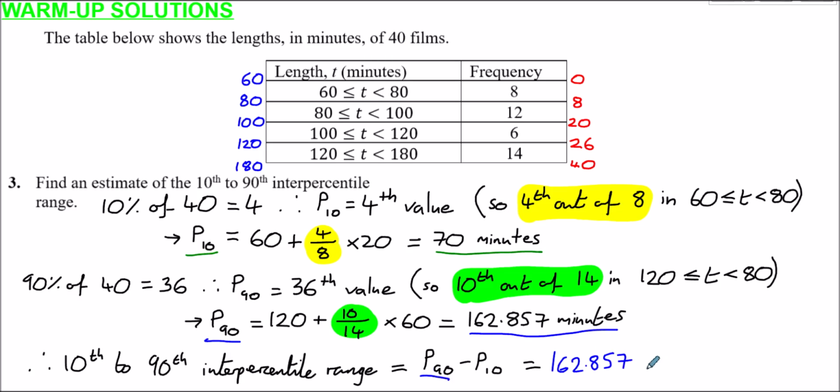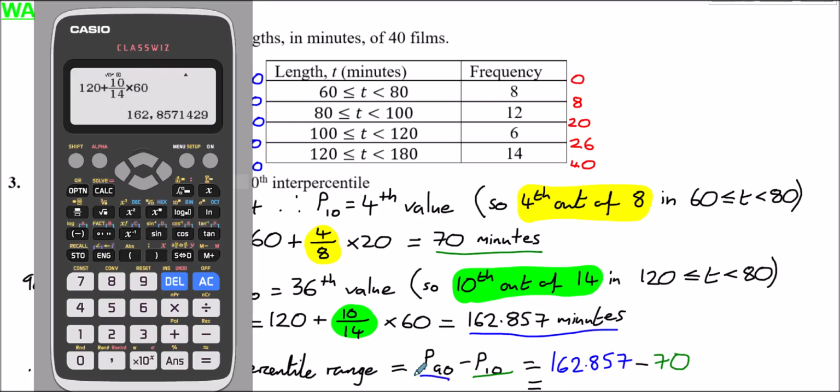Now we're going to minus from that whatever P10 was, and we estimated P10 was 70. So 162.857 minus 70, so if we just knock off 70 from what our calculator stored last time, we can see here we get about 92.9.